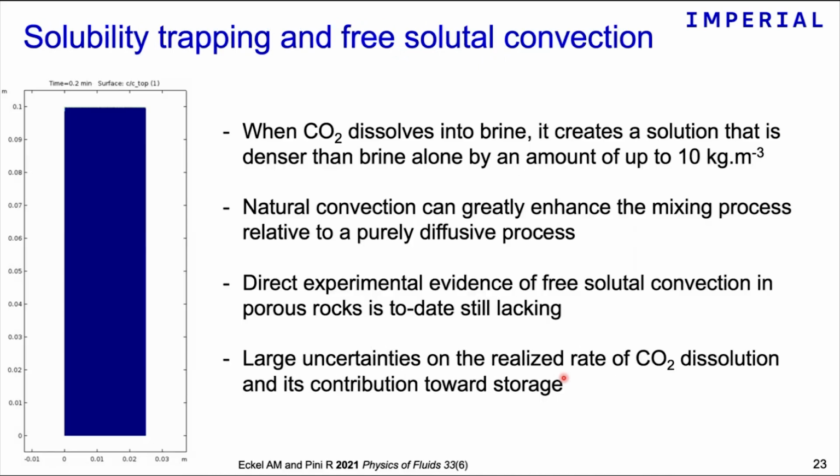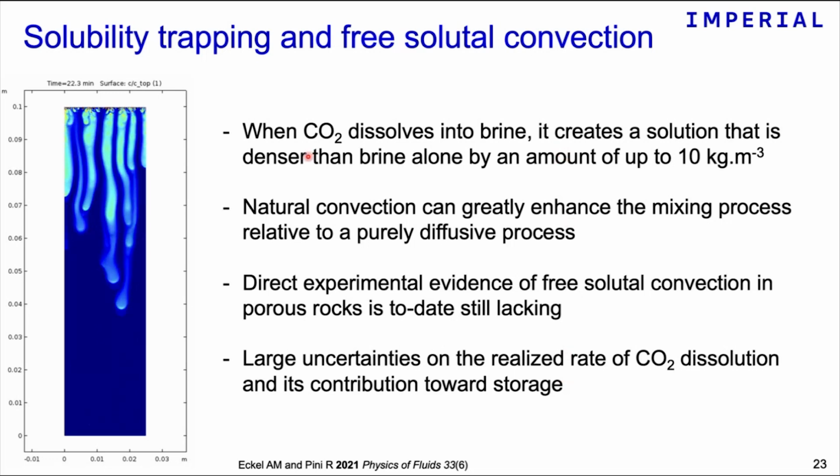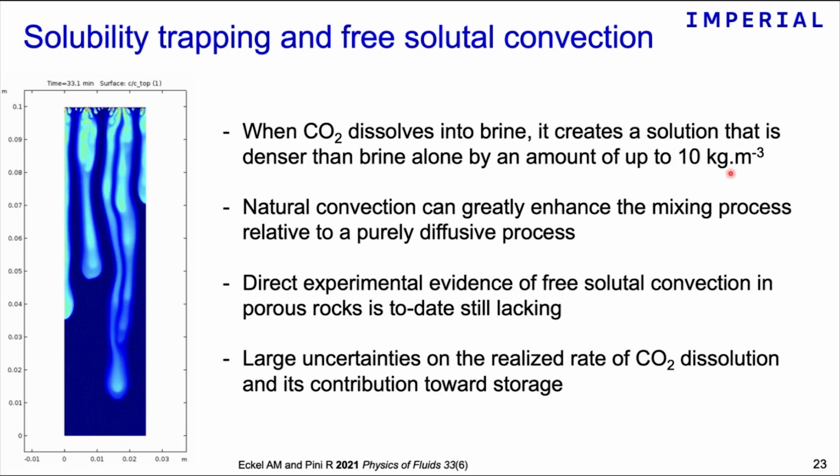So a very interesting process that takes place when CO₂ dissolves into brine is that it creates a solution that is denser than the fresh brine by an amount of about 10 kilograms per cubic meter, right?